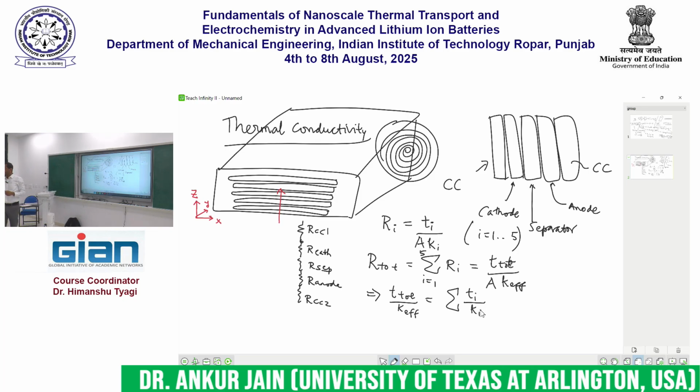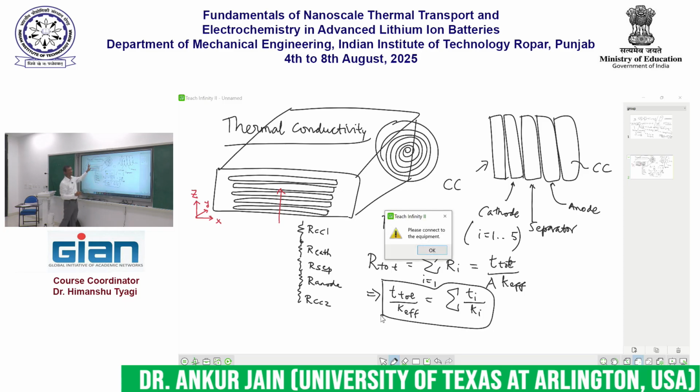So here is a simple expression for the effective thermal conductivity of this cell. Keep in mind that this is the effective thermal conductivity in the Z direction, so I should call it K effective Z. Now if the heat was to flow in the X direction, what would happen?